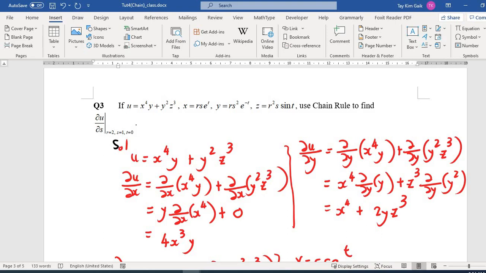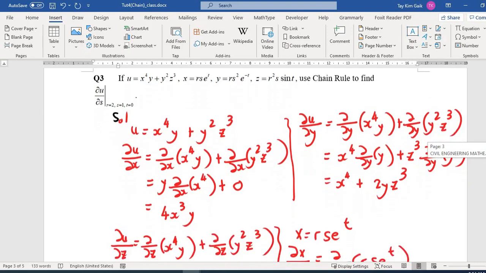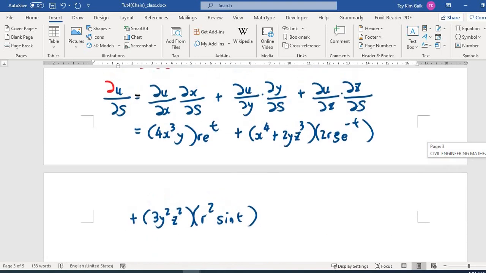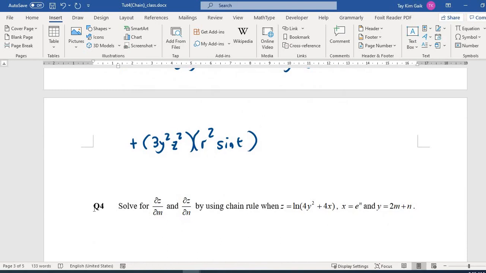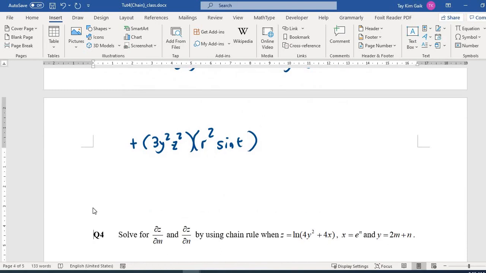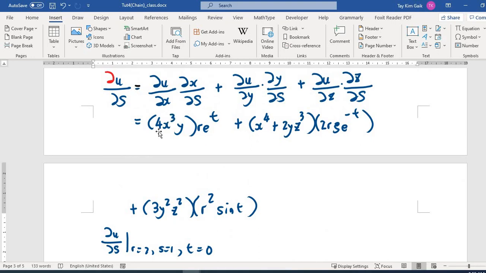Then you have to plug in 2, 1, 0. If we leave the answer like here, then you have to find the x, y, z values when r is 2, s is 1, t is 0.